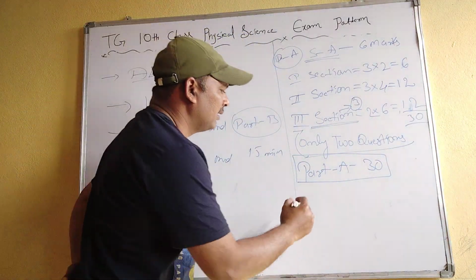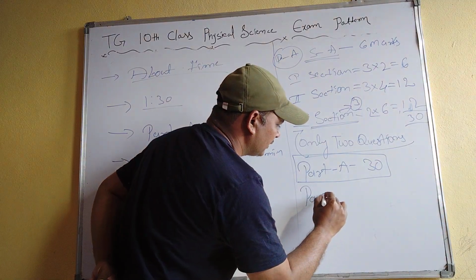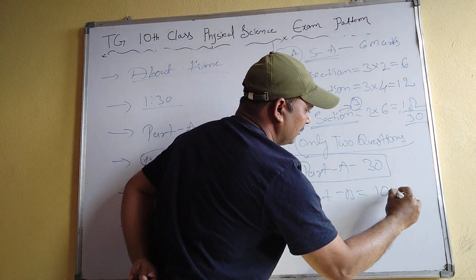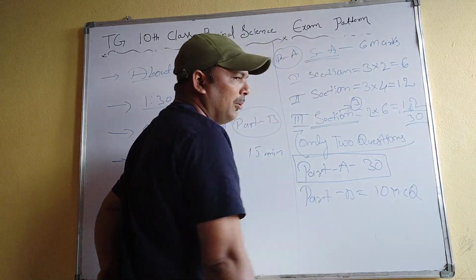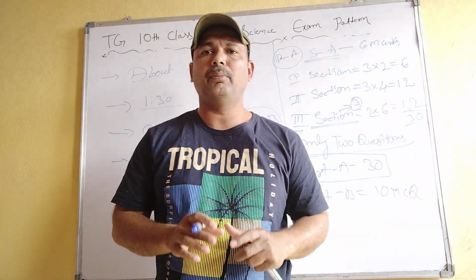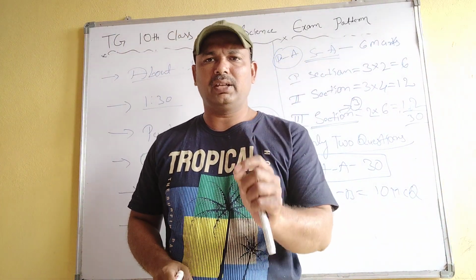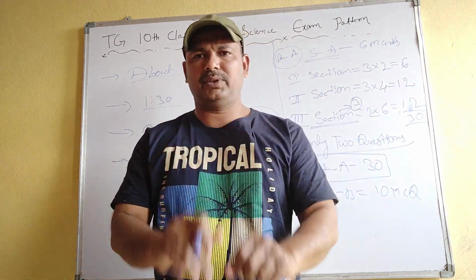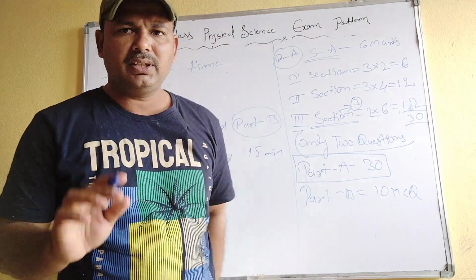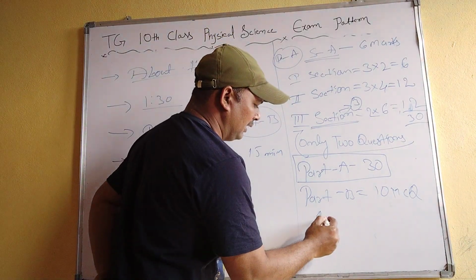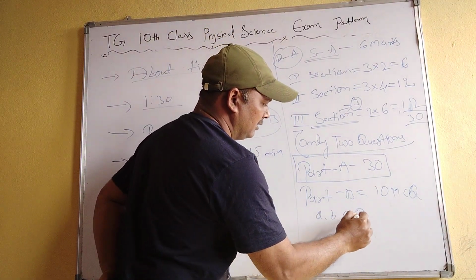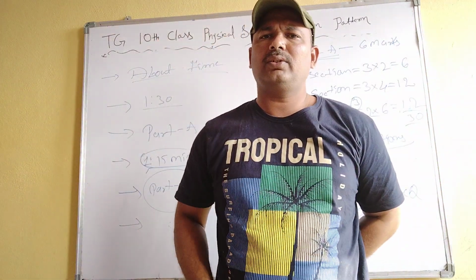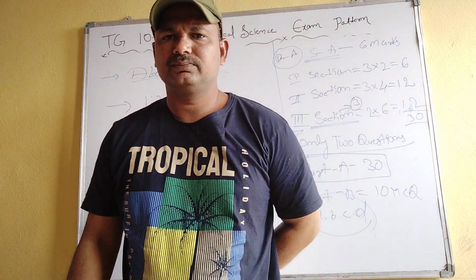Then the remaining 10 marks belong to part B, that is MCQ, multiple choice questions. They give one question with 4 options, A, B, C, D. Whatever the right answer is, you have to mark it.